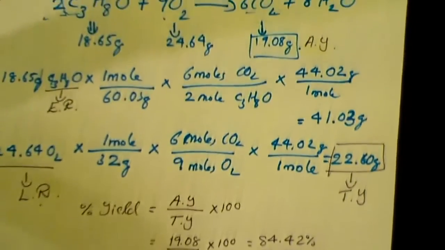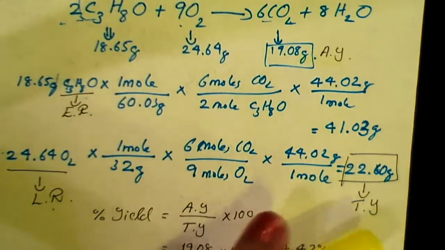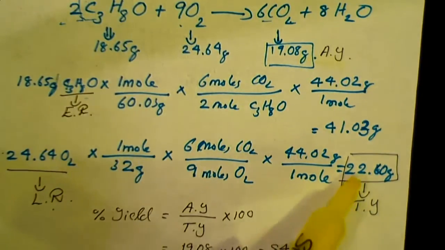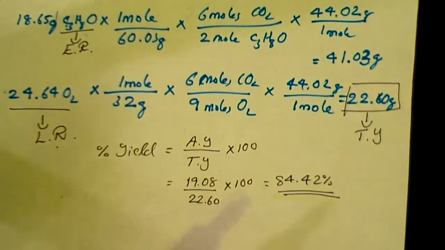There will be some rounding difference, so just figure out the best option. Limiting reactant oxygen and theoretical yield 22.59 and the percentage of yield 84.5.